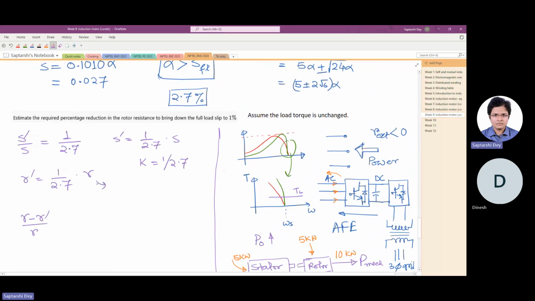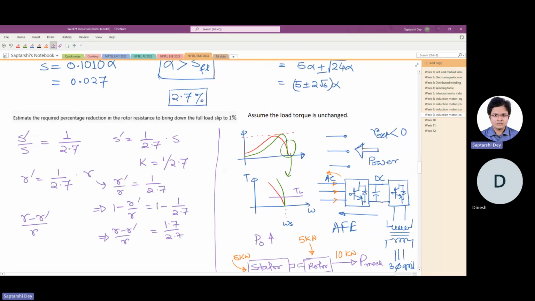Let us do something here. R primed by R is 1 by 2.7. So if I subtract 1 from both sides, 1 minus 1 by 2.7, it is percentage reduction.